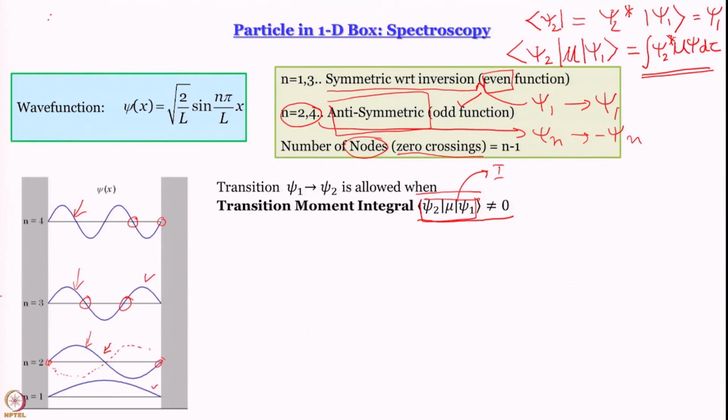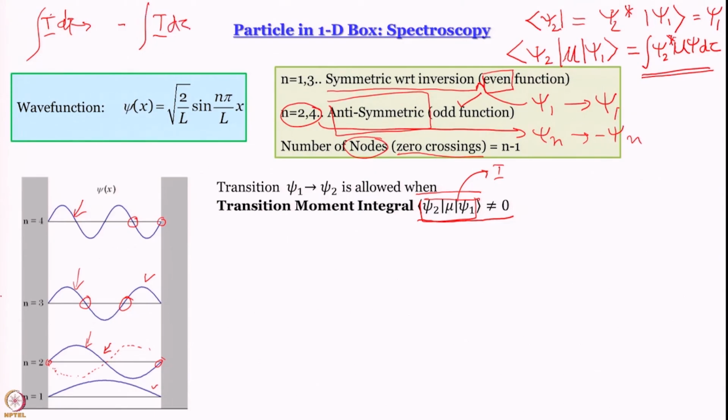So, let us say upon inversion I becomes minus I. What happens to the integral? The integral of I d tau over all space becomes the integral of minus I d tau.